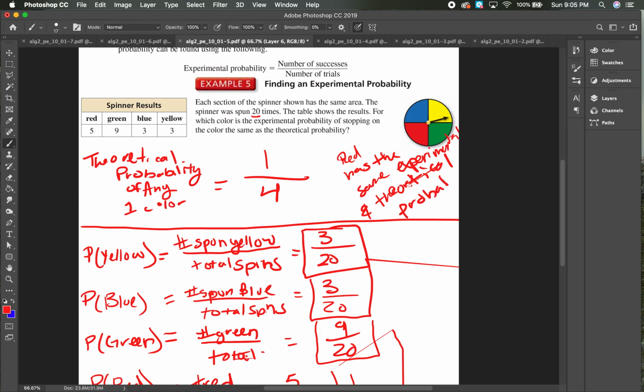So why would they be different for these other ones? Okay, well, if you've ever played a game, like a board game with a spinner, you might have noticed that sometimes it falls more on one slice than another.